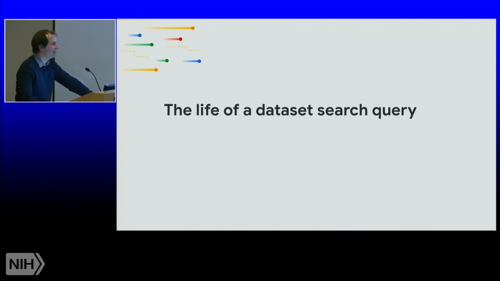So the next bit is definitely addressed to you, but it's also useful for anyone building any content that you would like to be found on the internet. So we're going to talk about the life of a dataset search query. And this is an important point of view if you're trying to make your data findable.